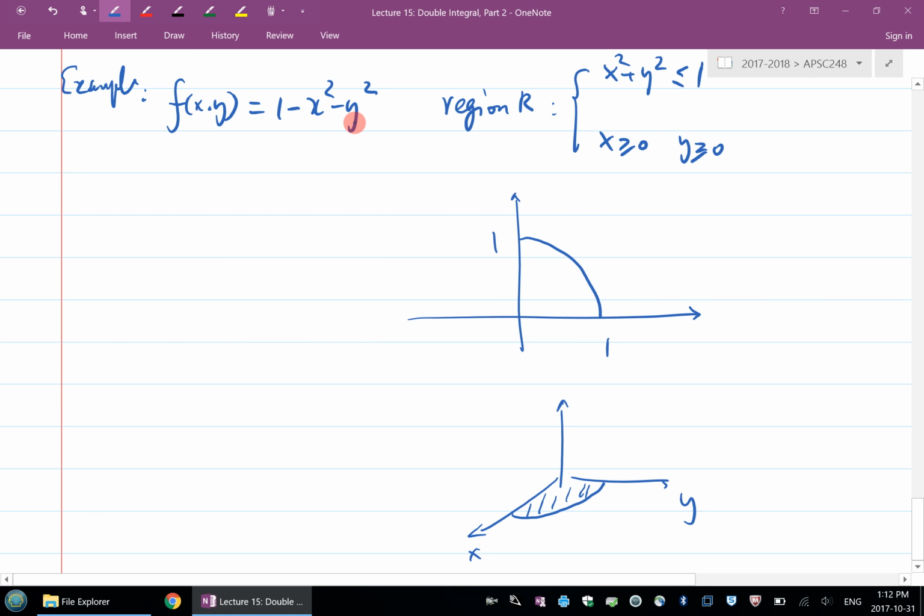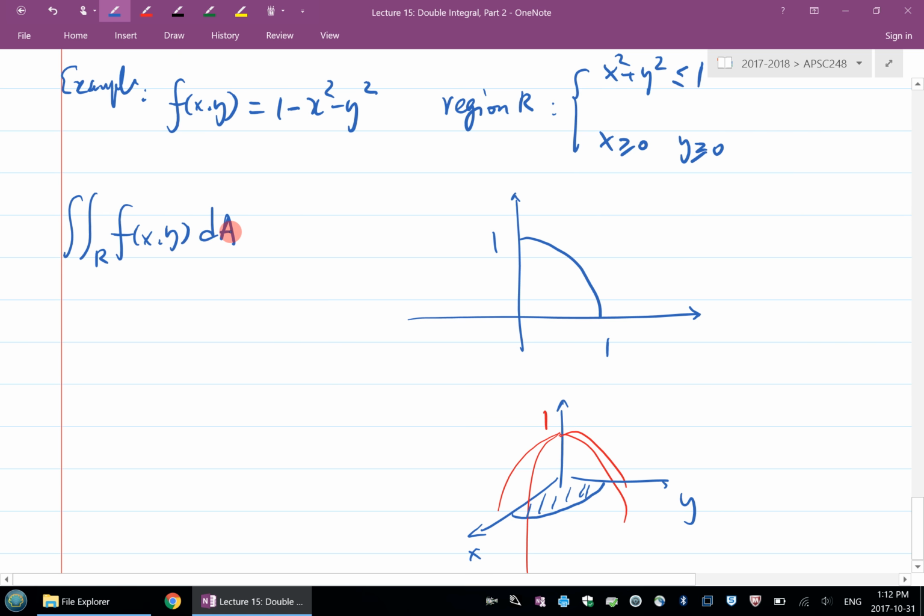It's like an inverted bowl with a maximum value of 1, sitting on top of this quarter circle here. So that's the double integral we're trying to find.